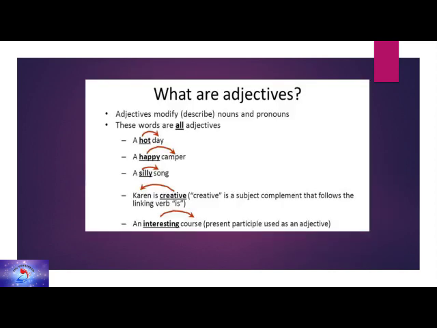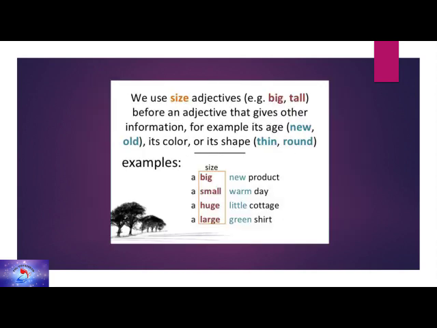A hot day, a happy camper, a silly song. Karen is creative. An interesting course. We also use adjectives before an adjective to give other information. So let us see some examples. New or old, its color, its shape. A big new product. So new is an adjective used before the noun, but we add one more piece of information about the product.